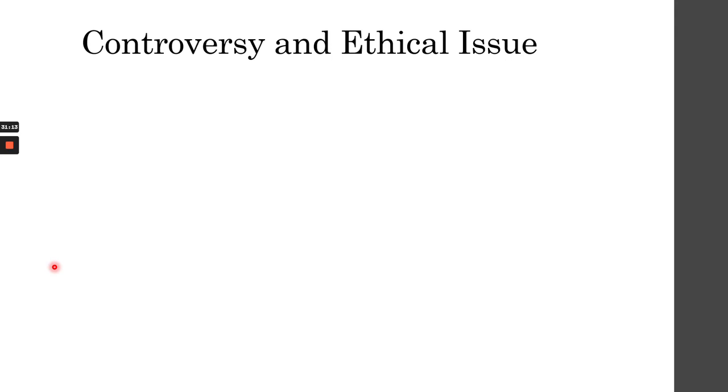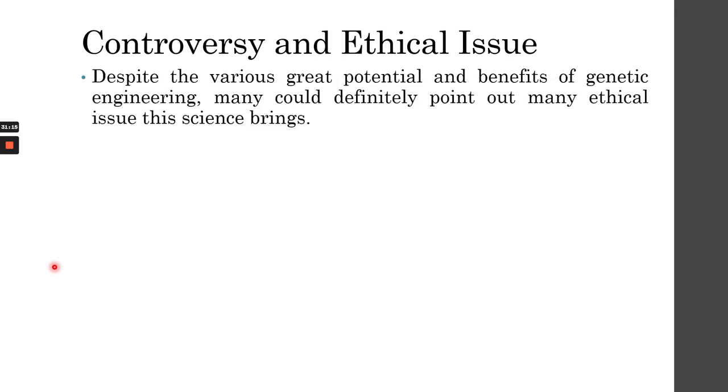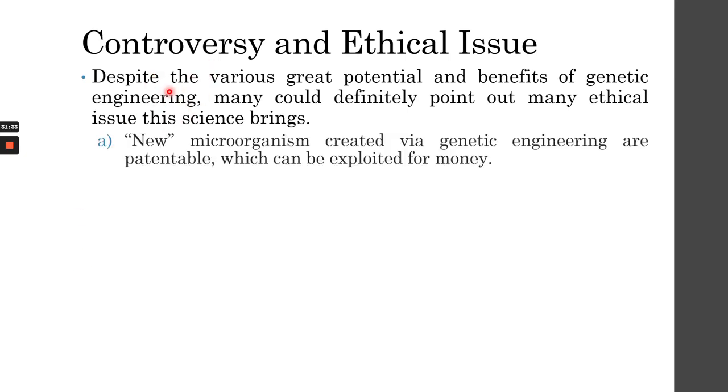And lastly, let's talk about some controversy and ethical issues. So we've talked about a lot of great and good things about recombinant DNA technology and genetic engineering. But of course, this goes without saying that it's not perfect. A lot of the things that are happening can be a controversy and can be ethical issues.